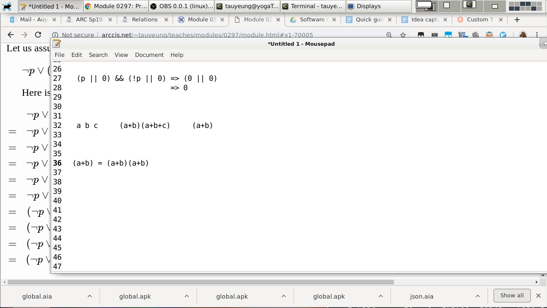All right. So we have A or B. Now we have to somehow introduce the or C into this, right? Let's see. Nope, I take it back. Take that proof back.